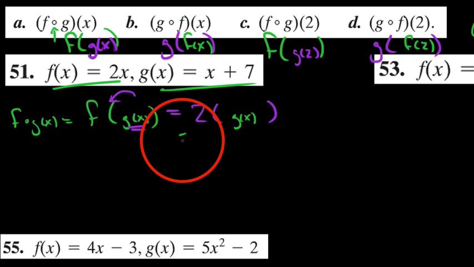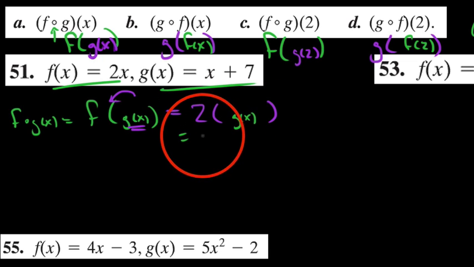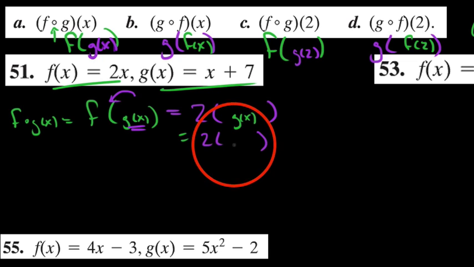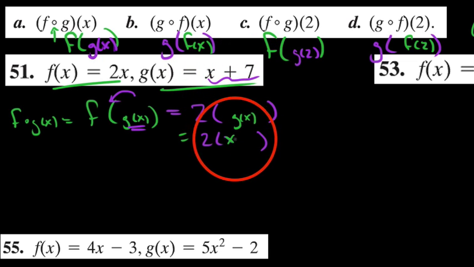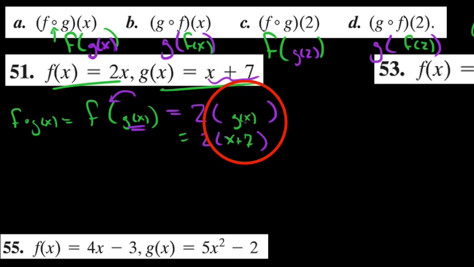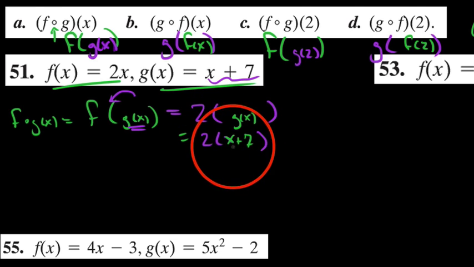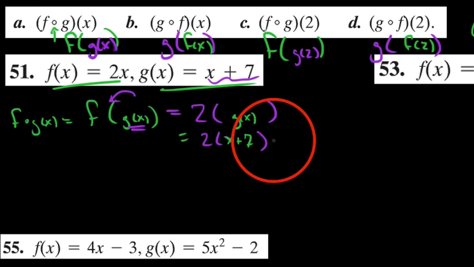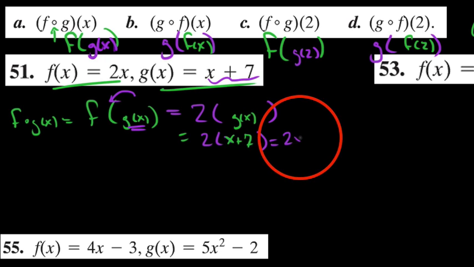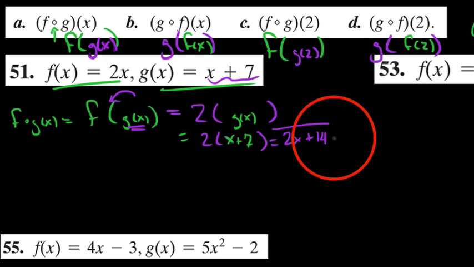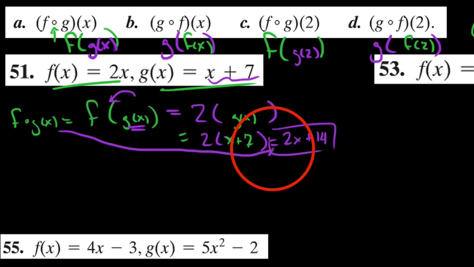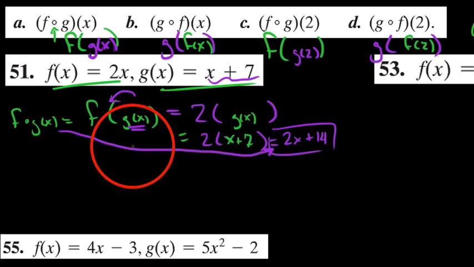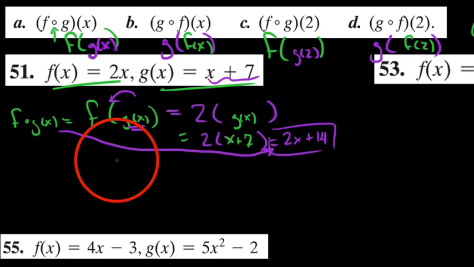So I would advocate writing 2 times g of x, because right next door we're going to take g of x, whose rule is x plus 7, and make a substitution for g of x here. We get 2 times x plus 7, which ends up being 2x plus 14. Now I want to put a box around this, because this is the function we get when we plug g of x into f of x. We just say it's 2x plus 14.